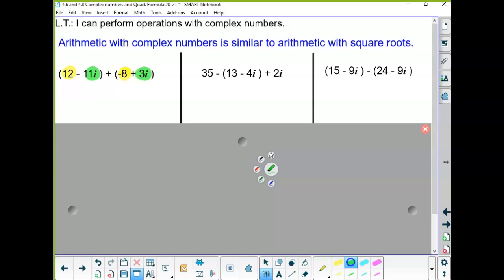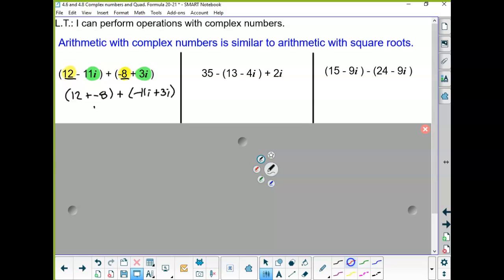Well, real numbers can be added together, and imaginary numbers can be added together. So what we're going to do is take the two real parts and add those together, and then take the two imaginary parts and add those together, and that will be my final answer.